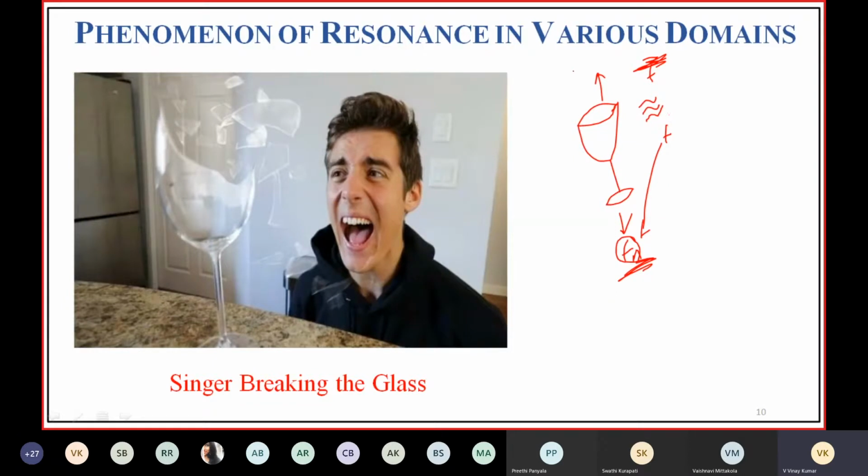At resonance, this glass vibrates with more amplitude, and then you may break that glass. It breaks at resonance because of vibrations with more amplitude. So resonance means if the frequency of an object matches the frequency of the driving force, then resonance occurs.